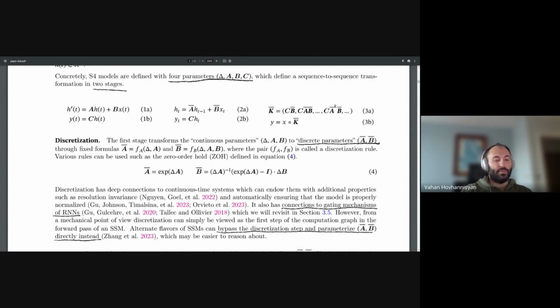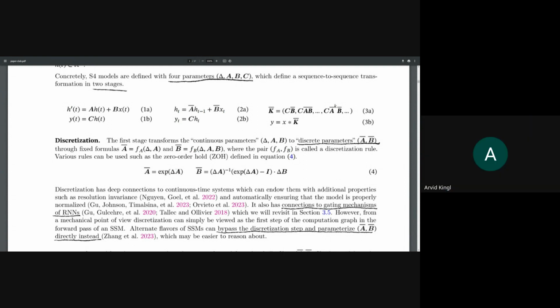But they do actually mention that with discrete data, after this discretization, they use the real values. Only with audio, I think, complex values perform better.